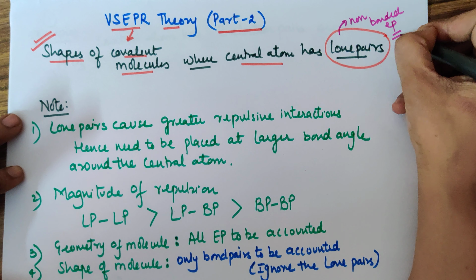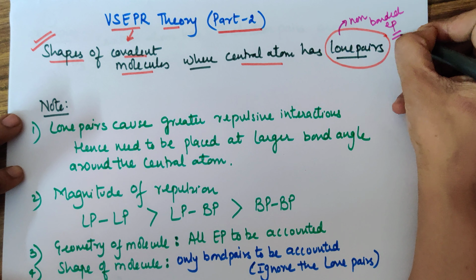As we did in part 1, we only had electron pairs as bond pairs, so geometry and the shape were the same. But when you talk about the shape of the molecule, you only take the bond pairs. Please remember, ignore the lone pairs. The shape is decided by ignoring the lone pairs.